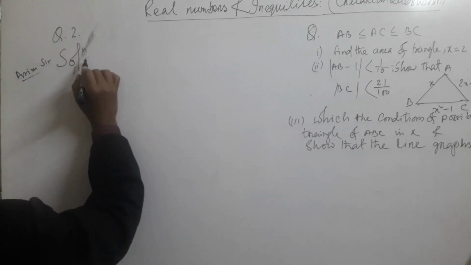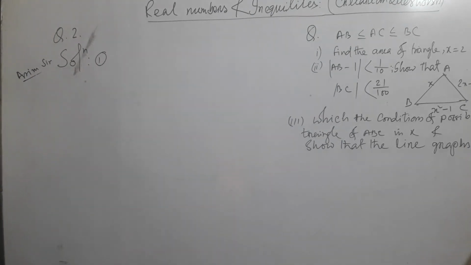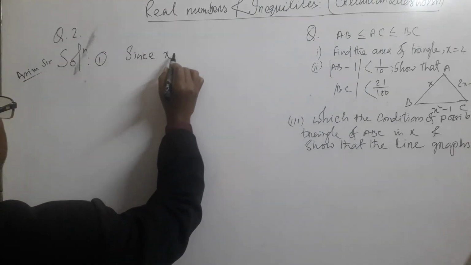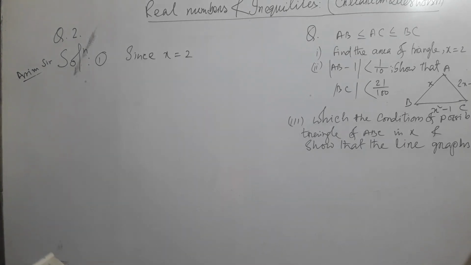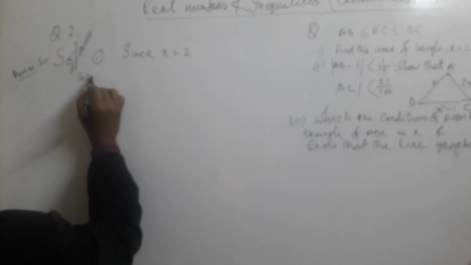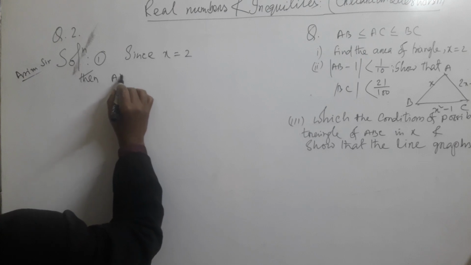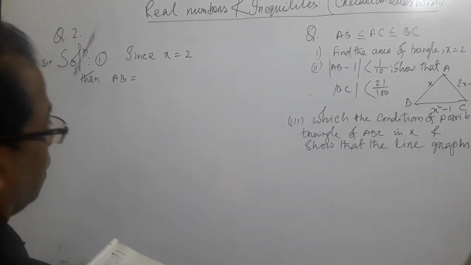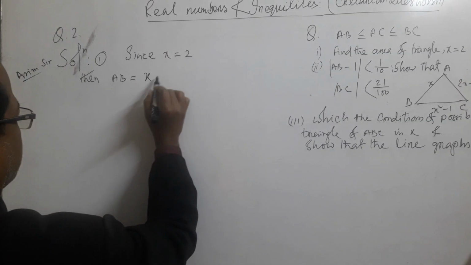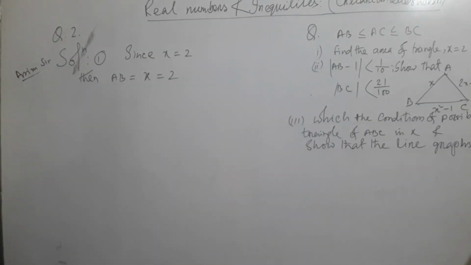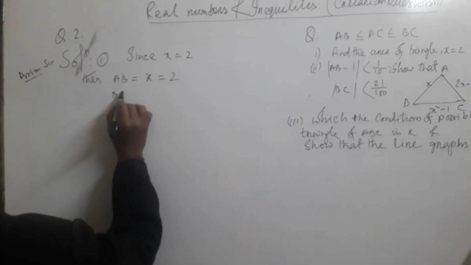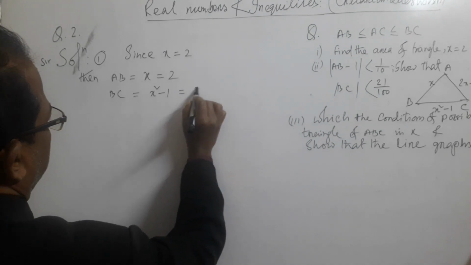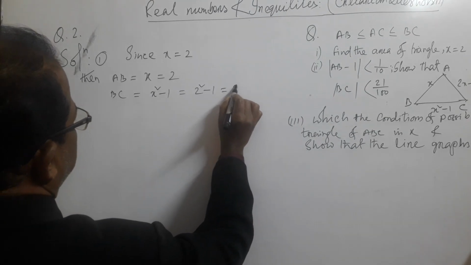Solution to number 1. Since x equals 2, then AB equals 2, that means x equals 2. BC equals x squared minus 1, that means 3.